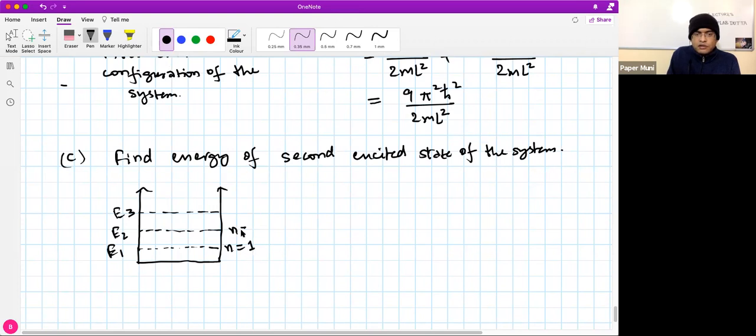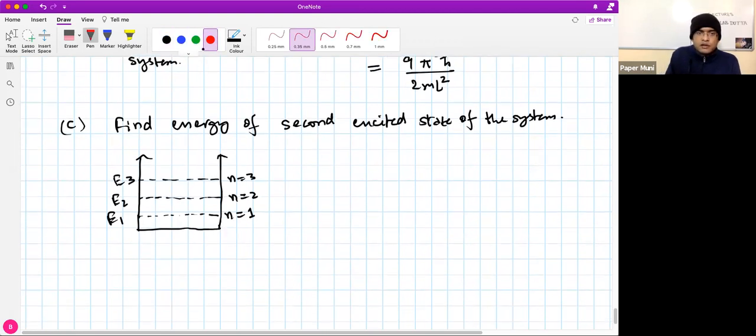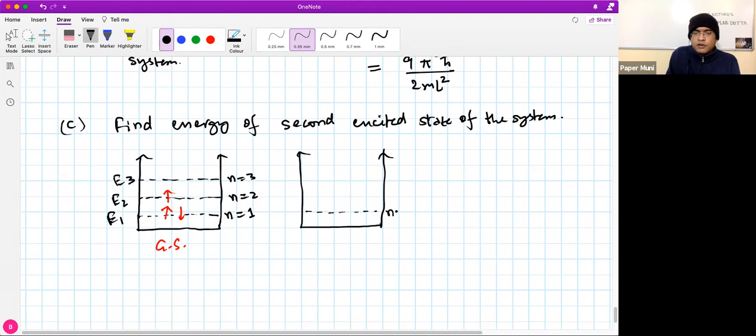It shouldn't be that if I promote this, it goes to a higher energy, not the next energy. So this was the ground state configuration. Here this is n equal to 1, this is n equal to 2, and this is n equal to 3.